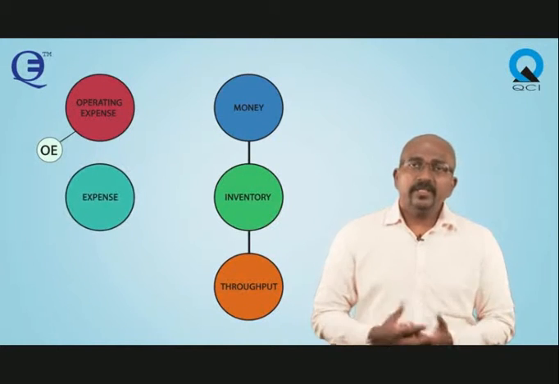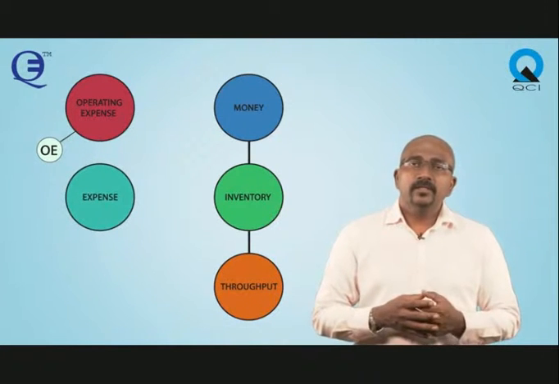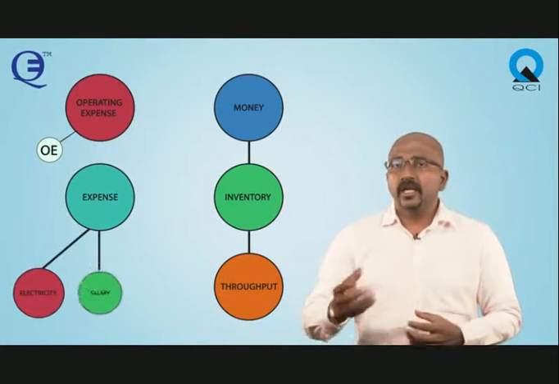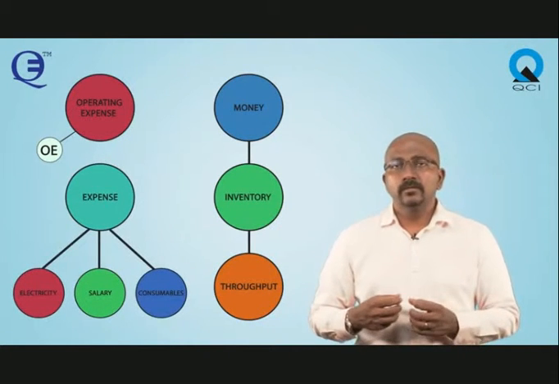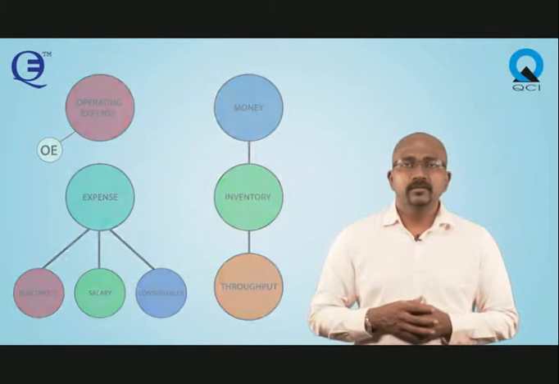When we say all the expense, that means electricity, salary, consumables, etc. It does not differentiate between indirect costs, overhead costs, variables, non-variables. Just plain operating expense means all the money the company spends in converting inventory into throughput. That means throughput means the sale has taken place.